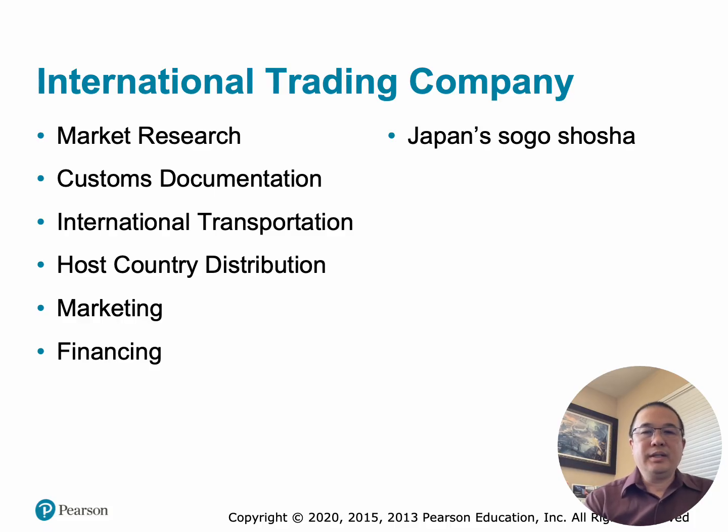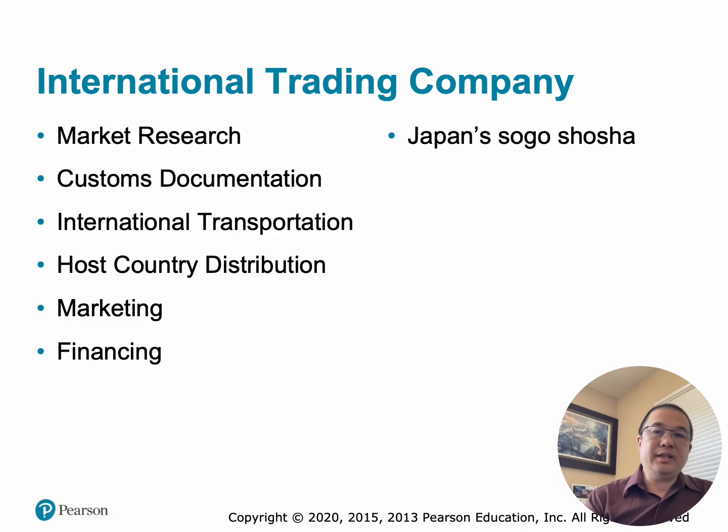Number two, customs documentation. International trade requires extensive paperwork. Examples would be commercial invoices, bills of lading, certificates of origin, customs declarations, and import and export permits. The benefit is that the ITC ensures shipments comply with customs regulations and avoid delays.